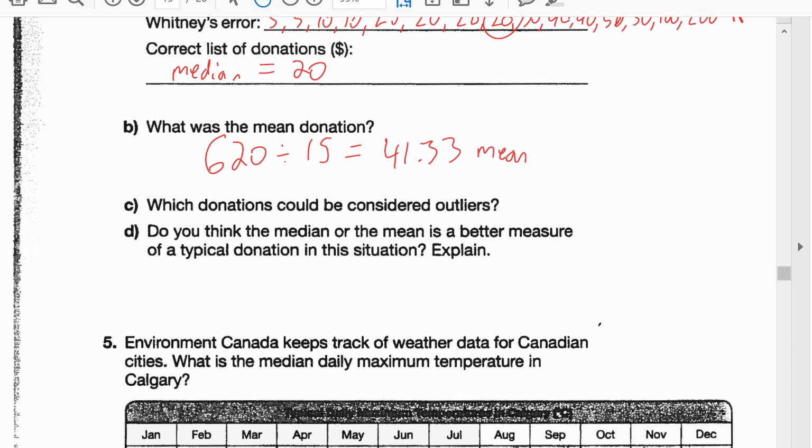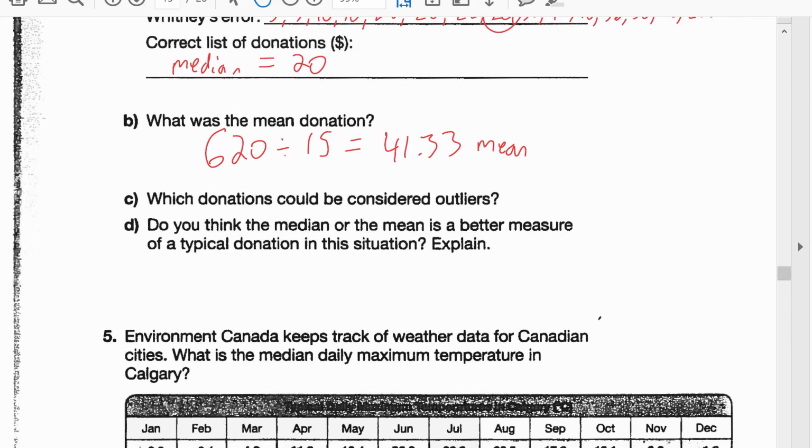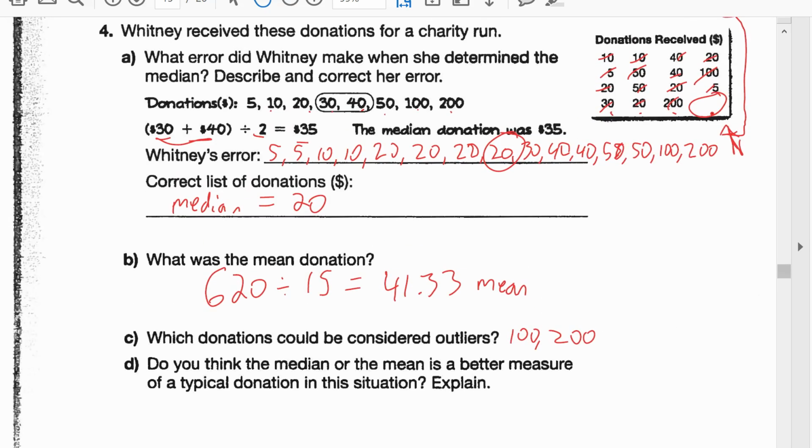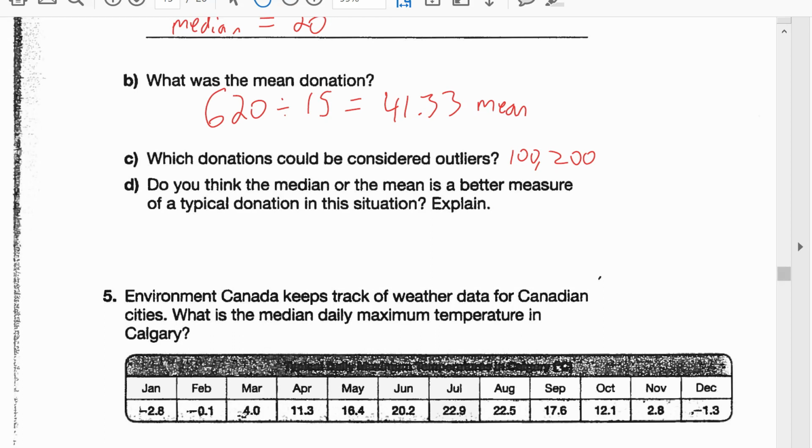Which donations could be considered outliers? The big ones, probably 100 and 200, because there's not very many and they're way bigger than the rest. Do you think the median or the mean is a better measure of a typical donation in this situation?